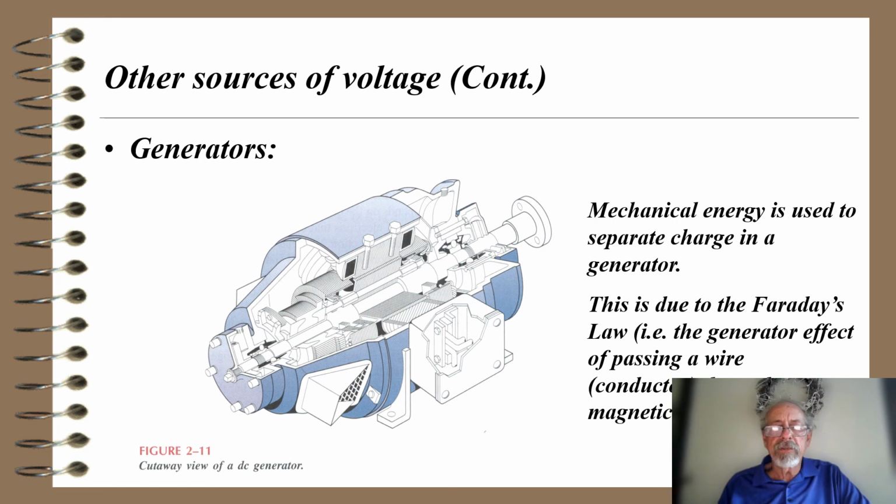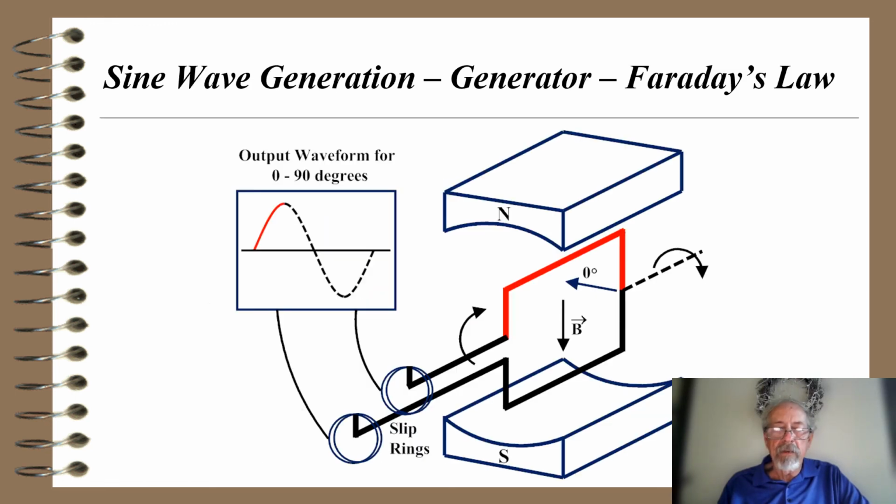Other sources of voltage, generators. Mechanical energy is used to separate charge in a generator. This is due to what's called Faraday's law, i.e. the generator effect of passing a wire or conductor through a magnetic field will induce a current in that wire. What I've got here in the next few slides is a generator simulation, where this is the first 90 degrees of the turn and produces the first quarter of a sine wave.